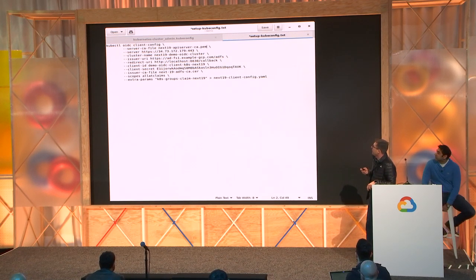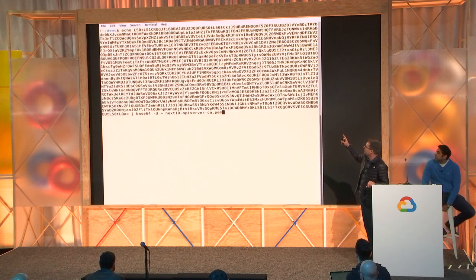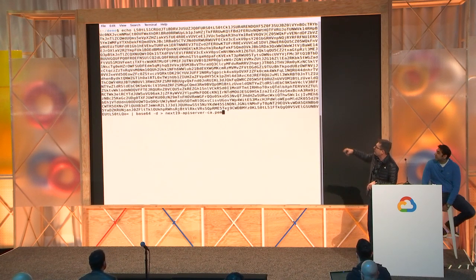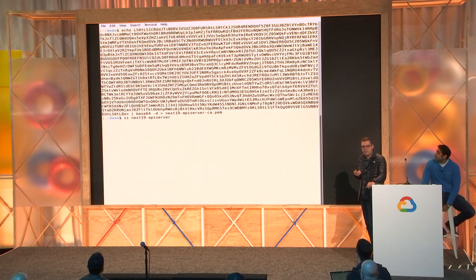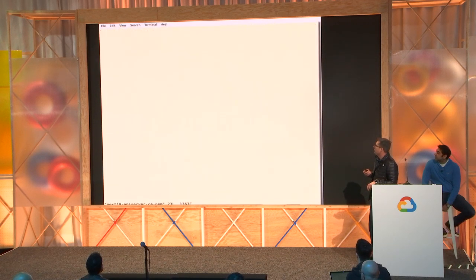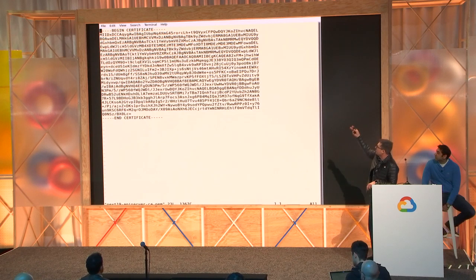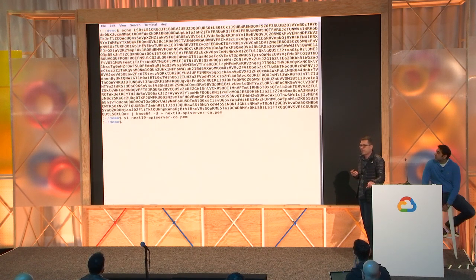So I gave it a name, and I'm going to export this was the certificate that was embedded in the original kubectl config file, and I'm going to basically base64 decode it into a certificate file. So now I have everything ready. See, I have a properly formatted certificate stored.